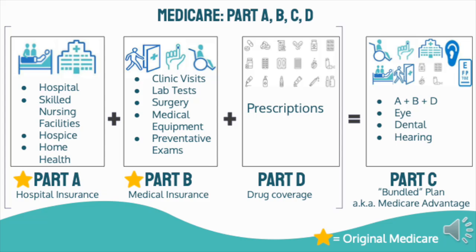Part D Medicare is known as the drug coverage part of Medicare and covers the costs for prescriptions. Part C combines Parts A, B, and D coverage, bundling them and adding coverage for eye, dental, and hearing. Medicare Part C is also known as Medicare Advantage.